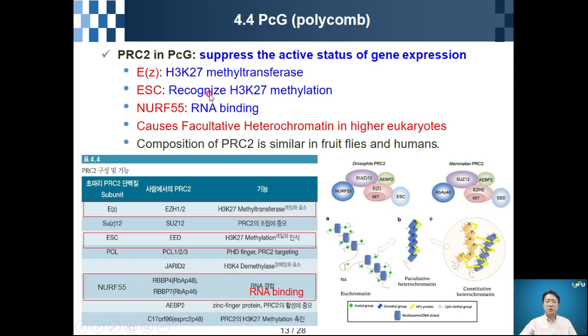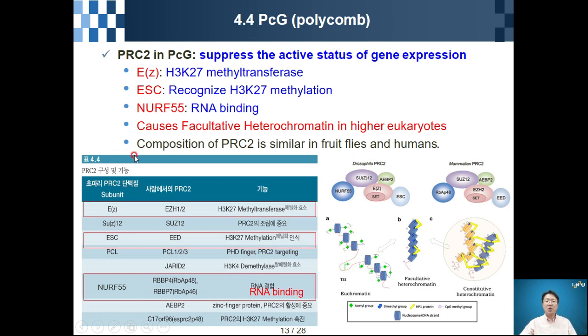These two proteins are the main ones that cause facultative heterochromatin in higher eukaryotes, not the constitutive heterochromatin. Facultative heterochromatin means it can easily be changed to euchromatin.